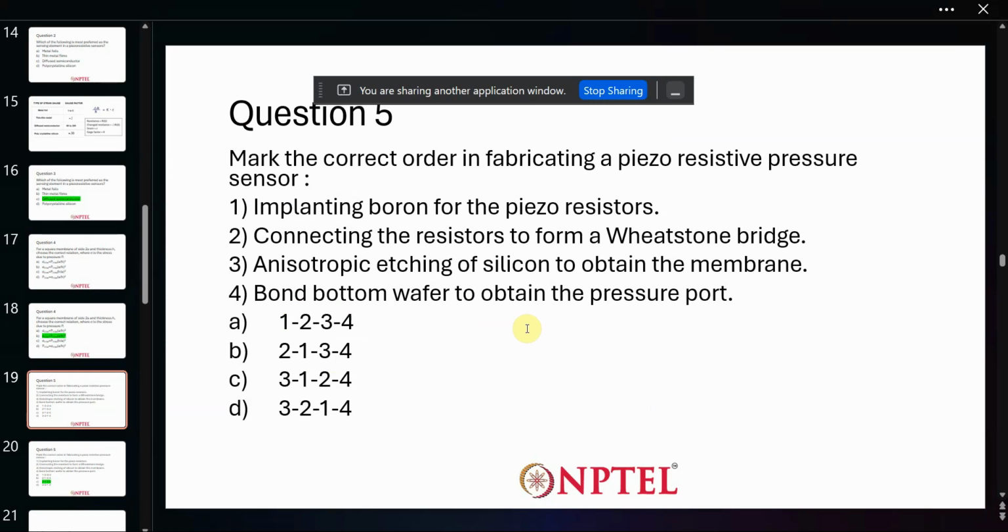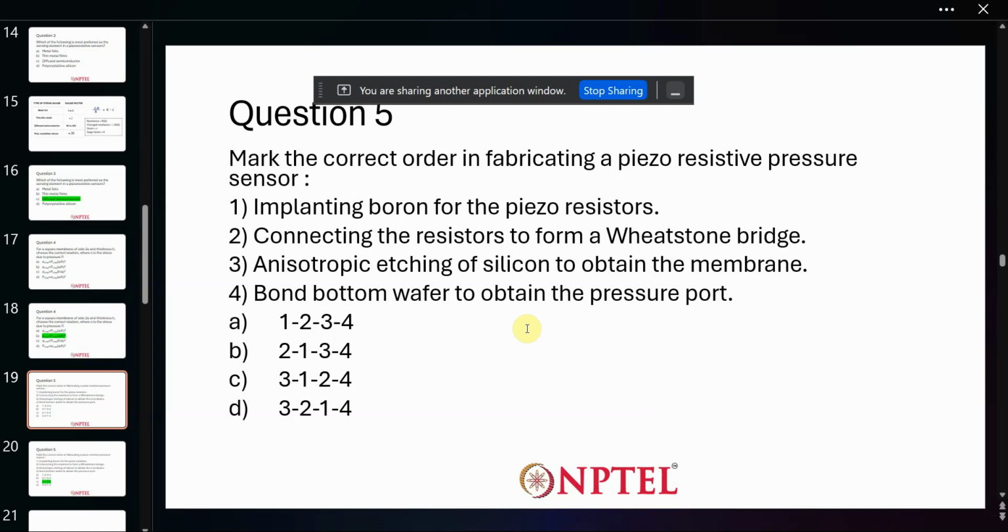Then moving to the fifth question: what is the correct order for fabricating a piezoresistive pressure sensor? The steps are implanting boron for the piezoresistors, connecting the resistor to the Wheatstone bridge, anisotropic etching of the silicon to obtain the membrane, and bonding the bottom wafer to obtain the pressure port. The first thing you need for any pressure sensor is a membrane, so you do anisotropic etching to obtain the membrane.